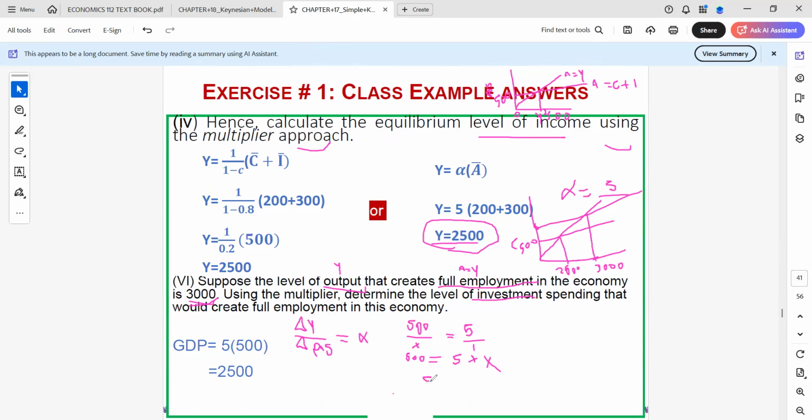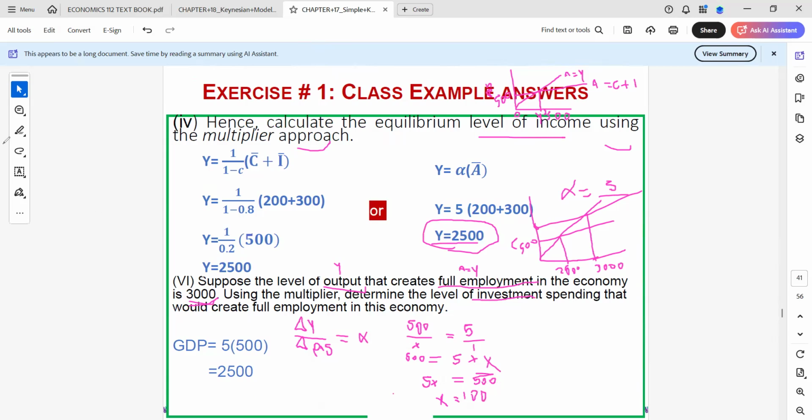So it's going to be 5x equals 500. And then you just divide by 5 on both sides, right? Divide by 5, divided by 5, and then your x is going to be equal to 100, right? So the change in investment is 100.